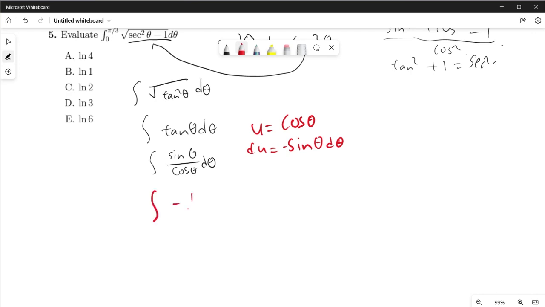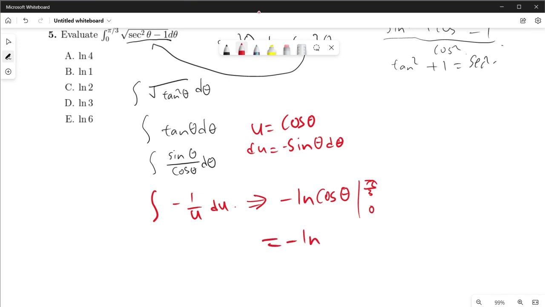We have negative 1 over u, or rather du. Right, and then solving that will give us negative ln cosine theta, just like negative ln u, and then we have that from 0 to pi over 3.